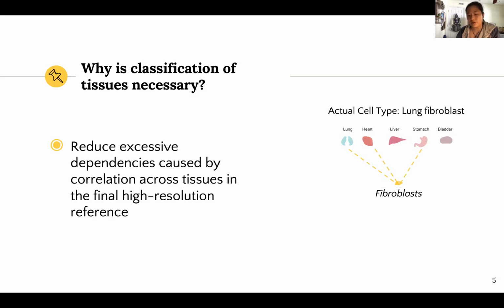If we just pool all of these tissues together, we will get a result that the fibroblasts from different tissues will all receive a relatively high score. So using the tissue level classification to remove the tissues that are not relevant to the single cell sample would help reduce this issue, so that we will not even include them in the further downstream analysis.